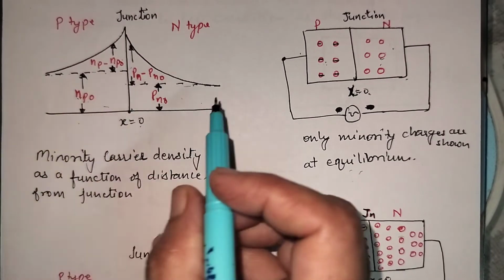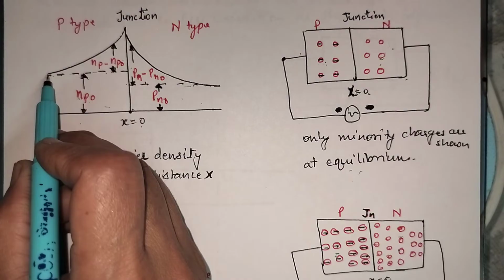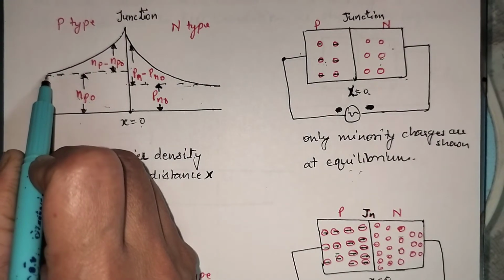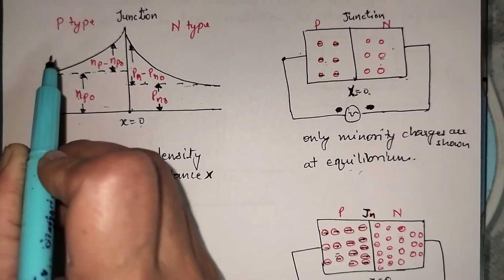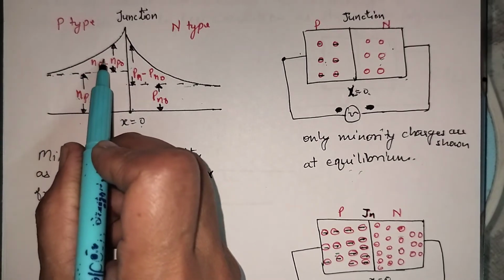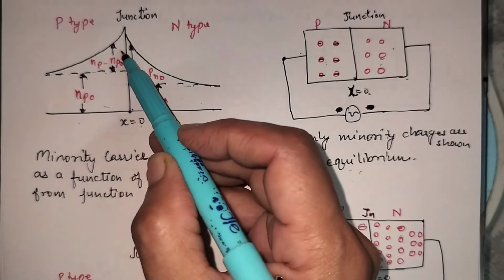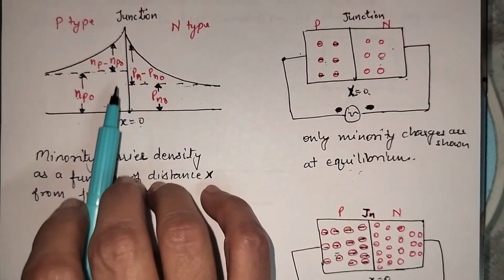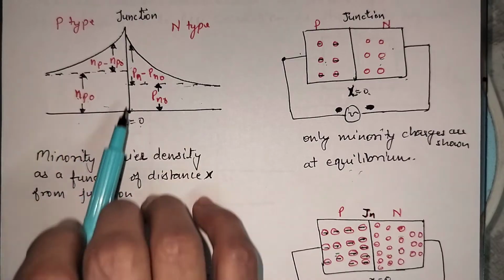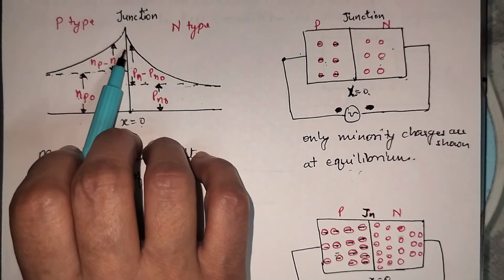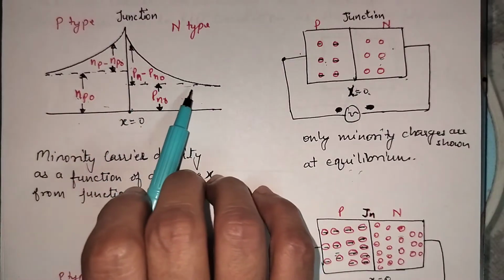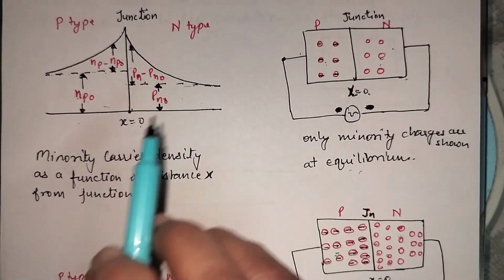We can see in this figure, away from the junction, the density is almost equal to the minority carrier density at thermal equilibrium. But as we move towards the junction, the minority carrier density increases. In N region, this is the same. Near the junction, the minority carriers are densely populated, that is, more than away from the junction.